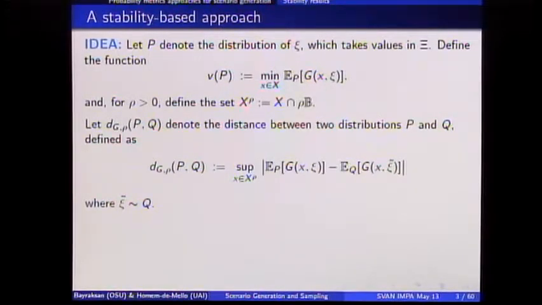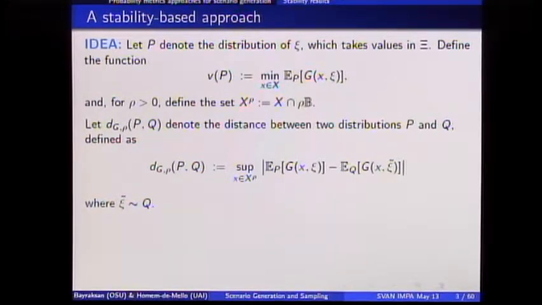Many people, particularly people like Georg Pflug, Werner Römisch, and Dupačová, who already passed away, have put a lot of effort into developing this type of method for scenario generation. They are all based on this stability approach. It's important to understand well what this stability approach means.